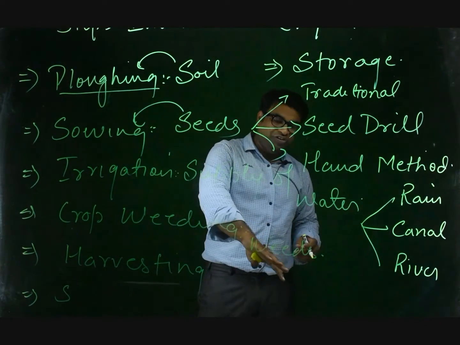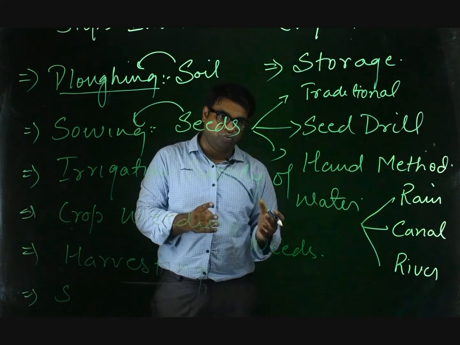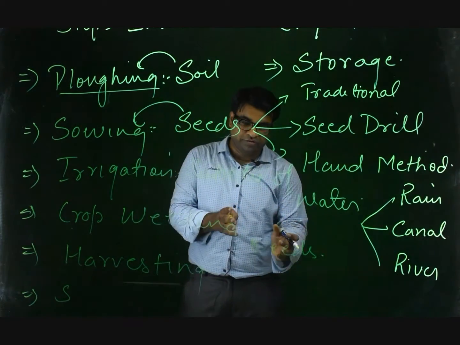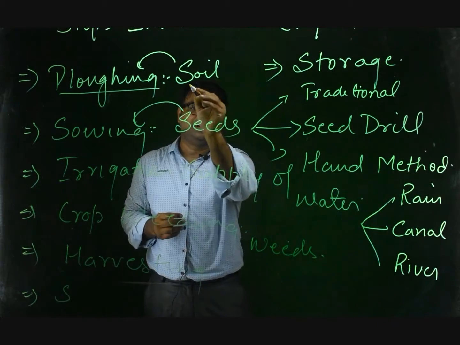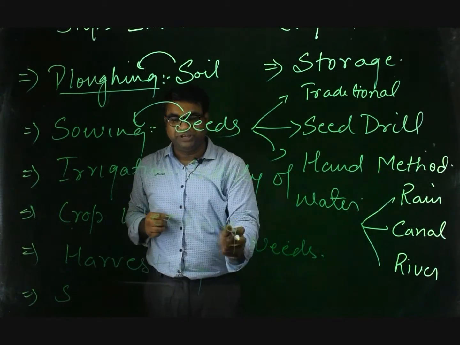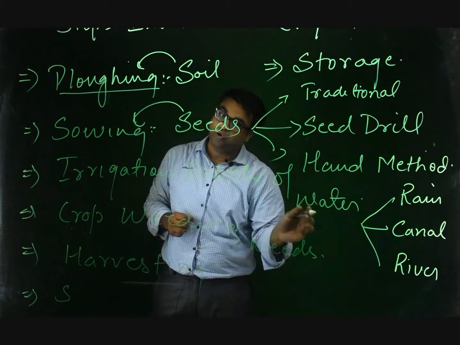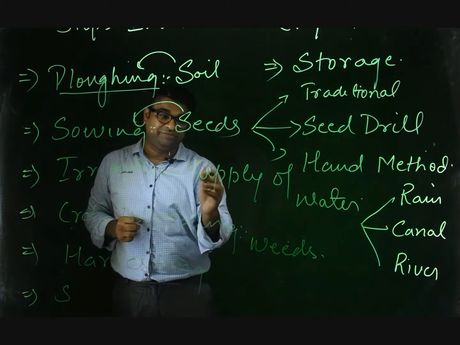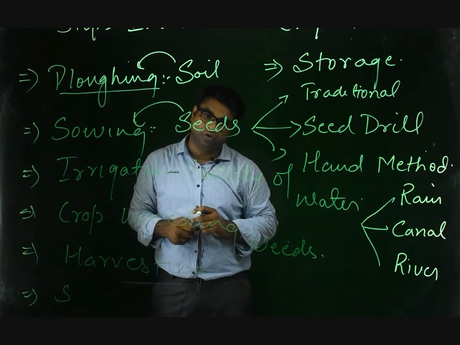Weeds are unwanted plants grown along the sides of the plant, which is not good because they also take the water supply as well as the nutrients present inside the soil for their growth. So they reduce the amount of nutrients required by the crop at the time of growing.